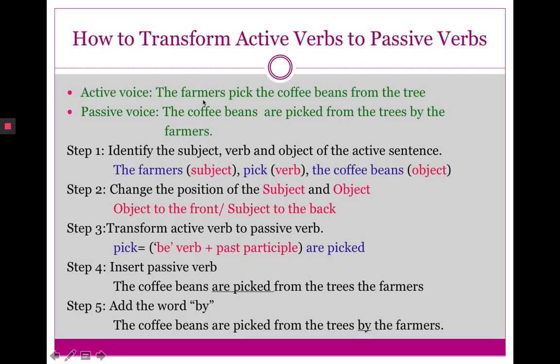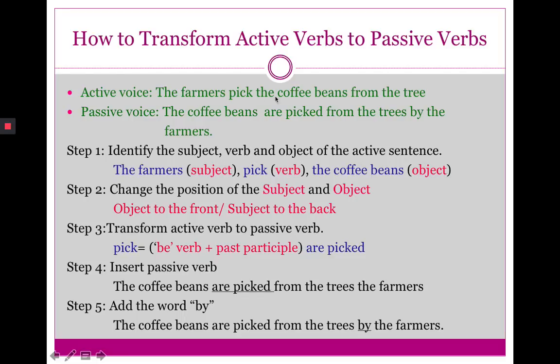So how do you change from this into this? What are the steps taken for you to change, right? I will share with you the steps, okay? How to change this sentence into the coffee beans are picked from the trees by the farmers. Okay. Step number 1, you must identify the subject, verb, and object of the active sentence.